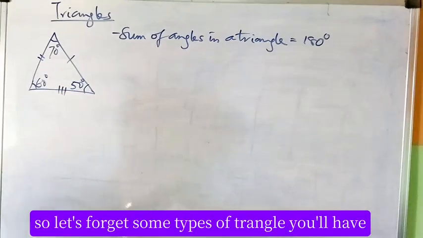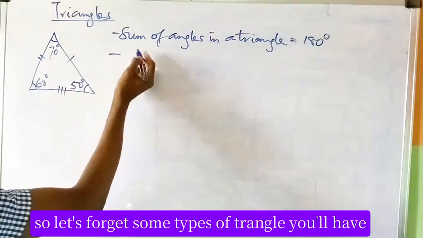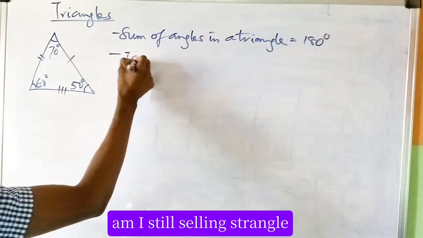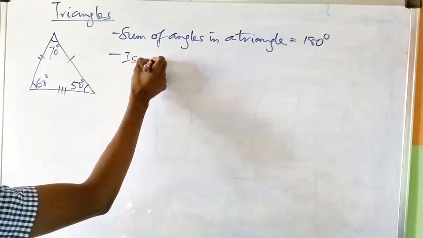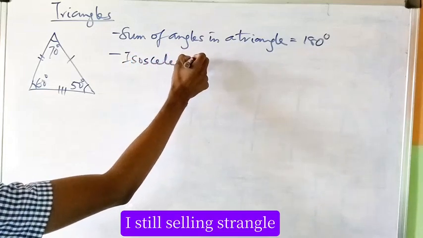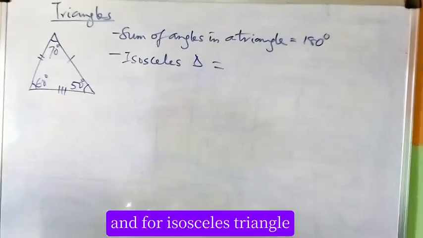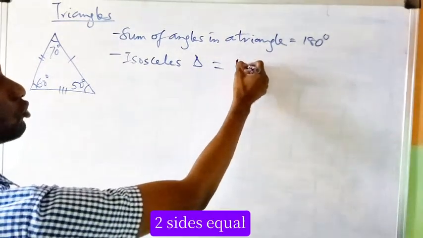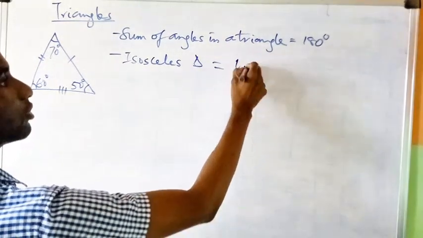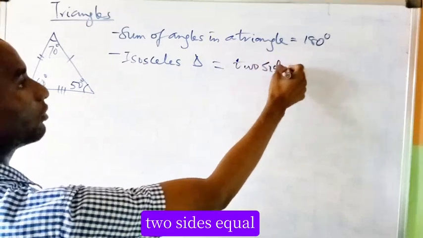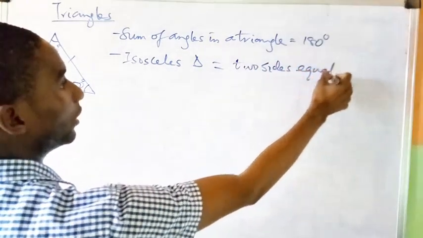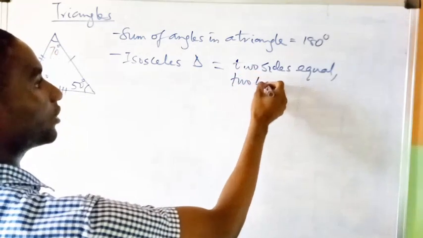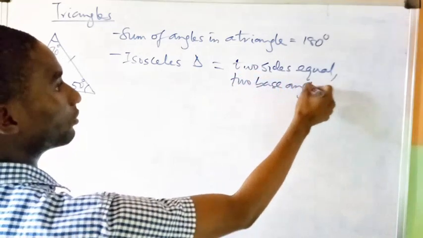So let's look at some types of triangle. You have the isosceles triangle. For an isosceles triangle, they have two sides equal, and two base angles equal.